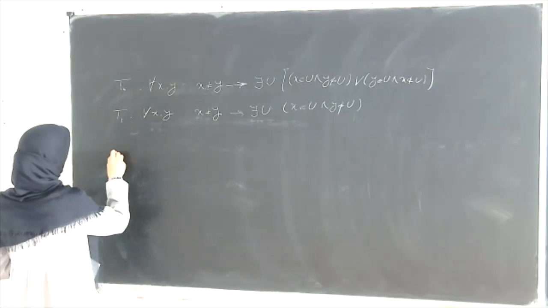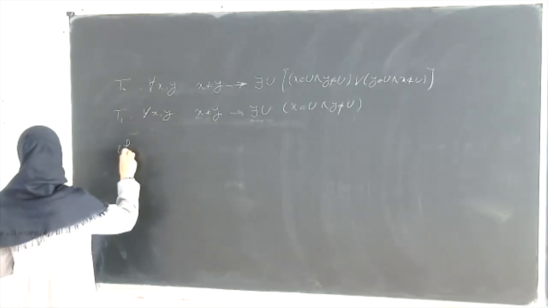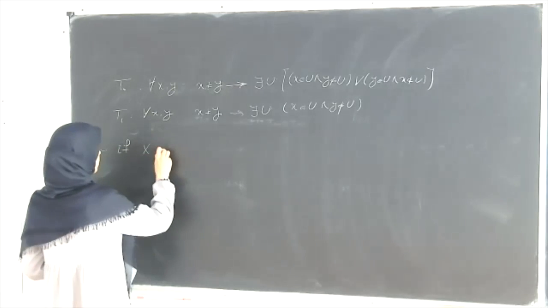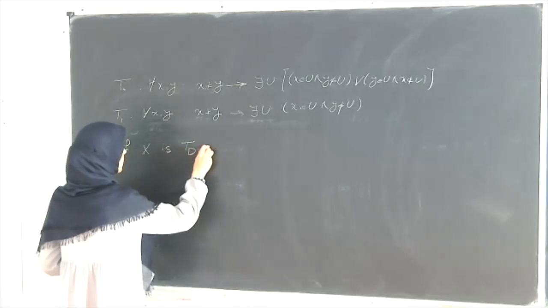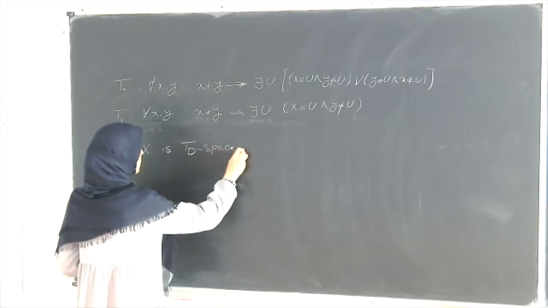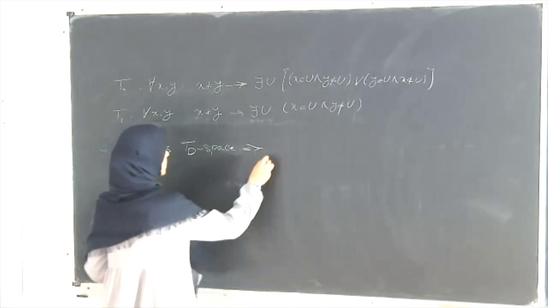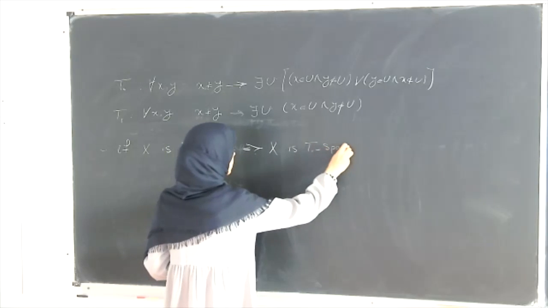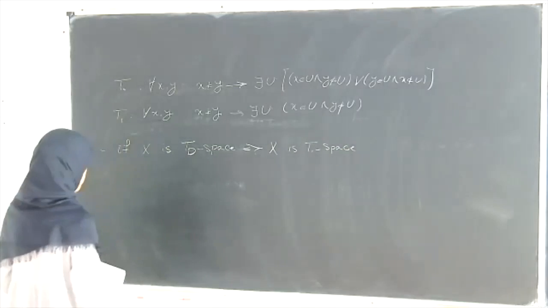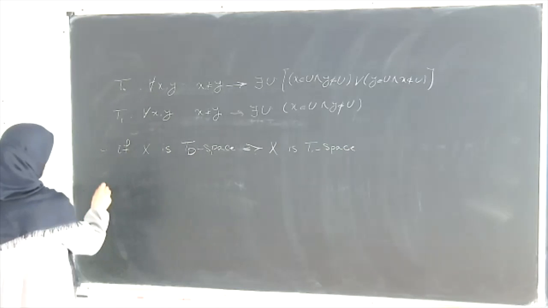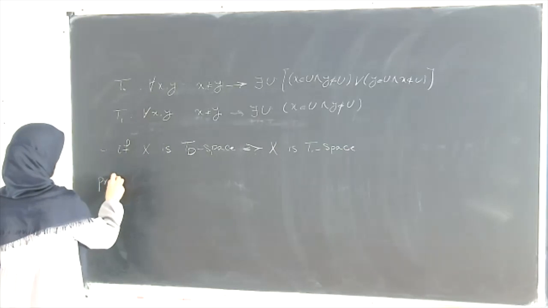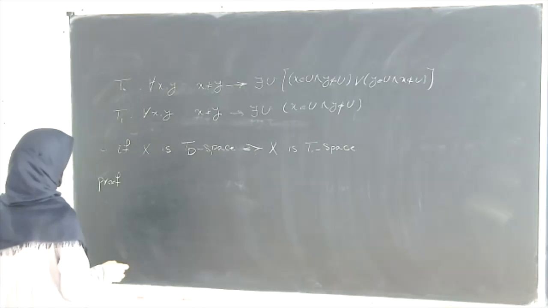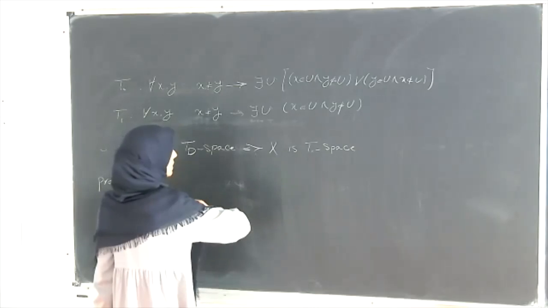Now I want to show that if X is a TD space, then X is a T0 space.